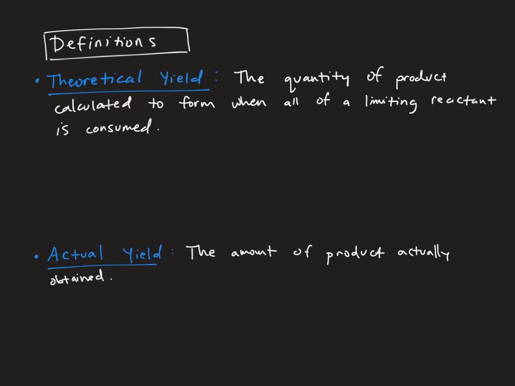So the theoretical yield is the quantity of product calculated to form when all of a limiting reactant is consumed. Or in other words, another way of putting it, this is basically the maximum amount of product you can obtain.